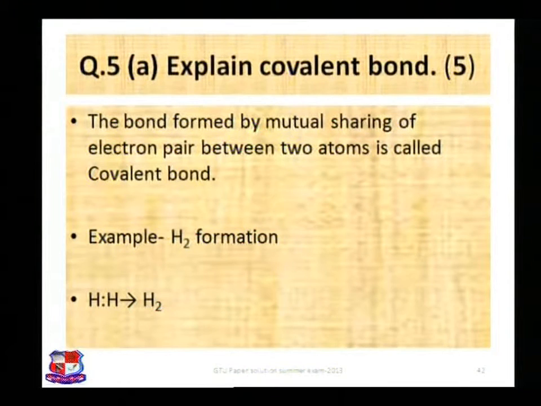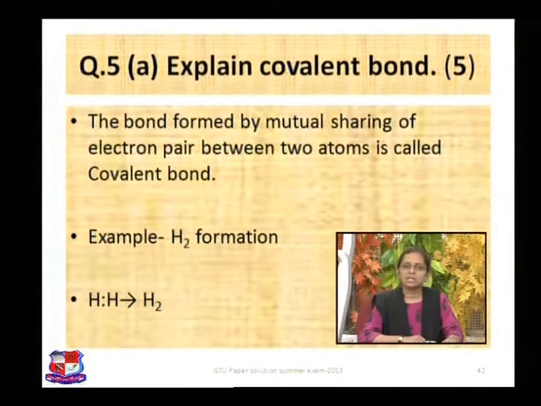So this is our definition. The second thing we have taken here is an example, the formation of H2. There is sharing of the electron pair between two H atoms, which results in the formation of an H2 molecule. We can also take another example, the Cl2 molecule.